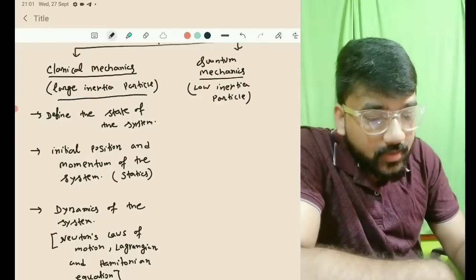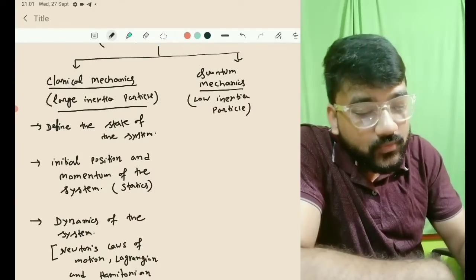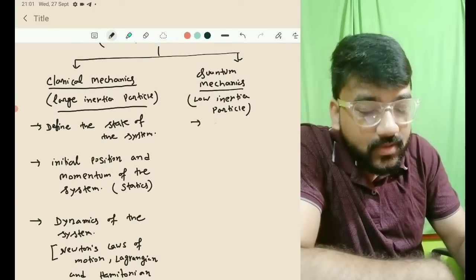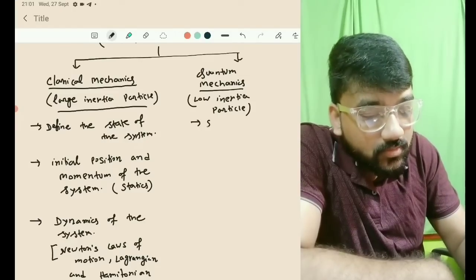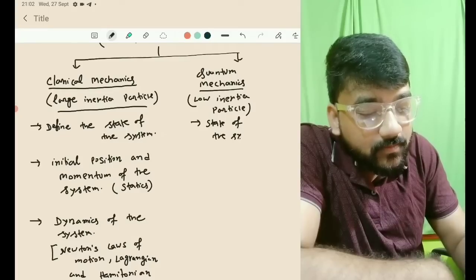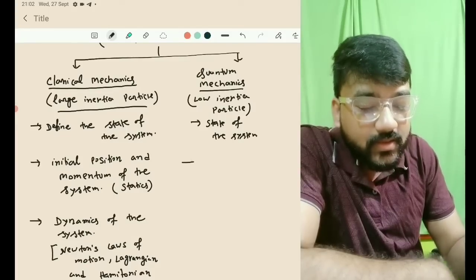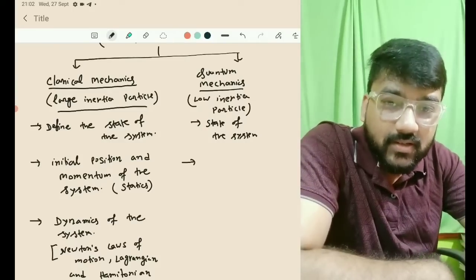But if you talk about quantum mechanics, the approach is the same. We have to first define the state of the system, that is, the statics of the system. But the problem here is that we can't predict the initial position and momentum simultaneously.